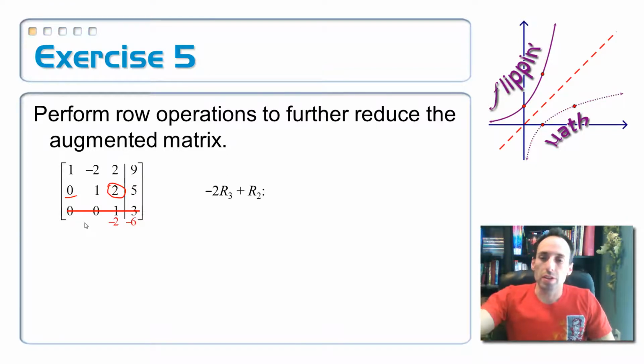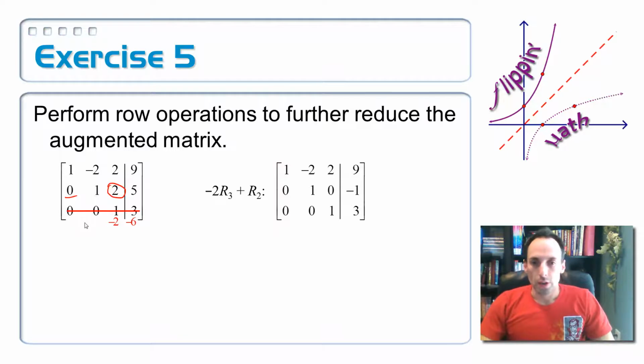Again the top row will stay the same. Now the new second row is 0 plus 0 is 0, 1 plus 0 is 1, and then 2 minus 2 gives me a 0, and 5 minus 6 gives me a negative 1. Notice that I already have now my y coordinate and my z coordinate. And that's pretty cool.